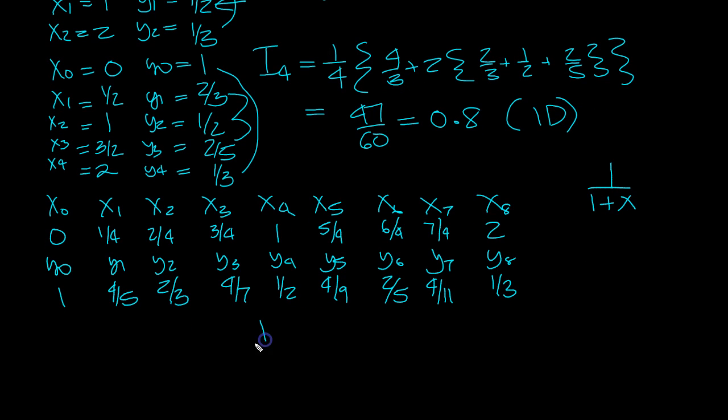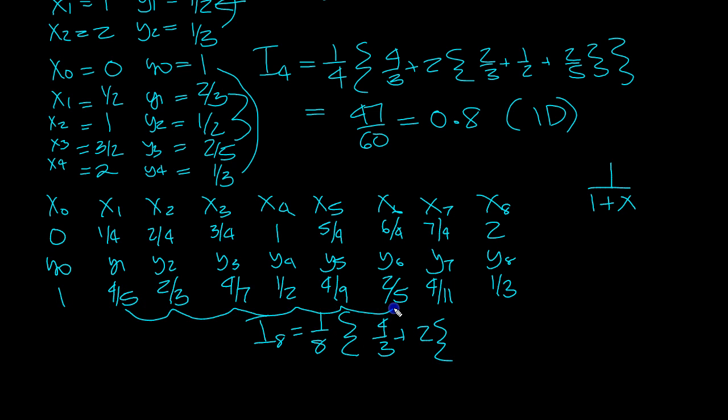So I8 then is equal to 1/4 now over 2, which is 1/8. The first plus the last, 1 plus 1/3 is 4/3. Plus 2 times all the ones in between, these 6 numbers.